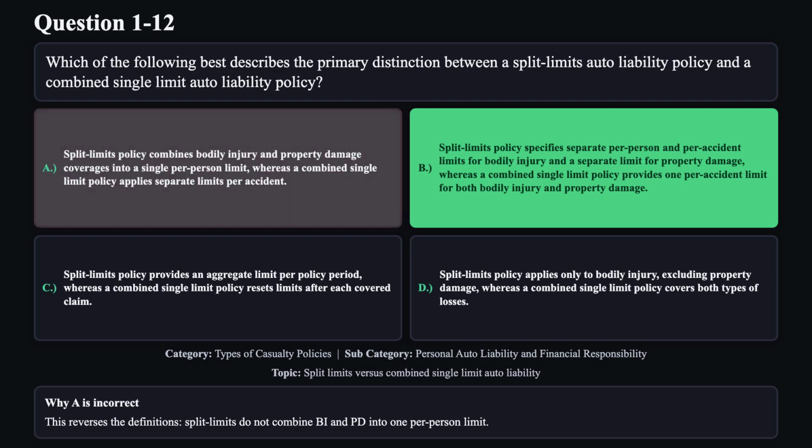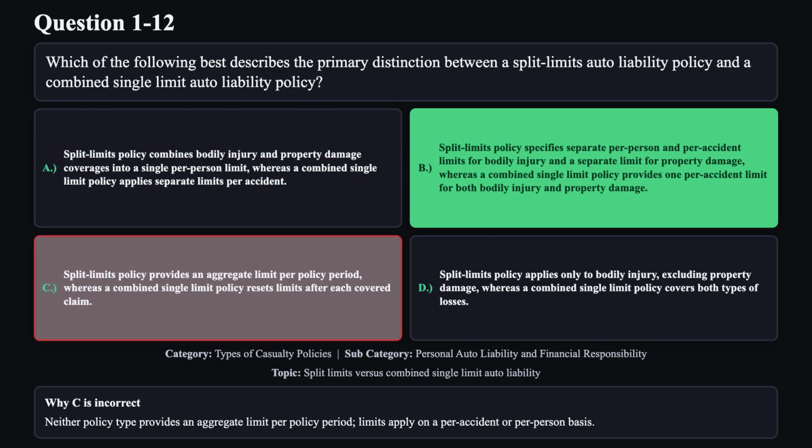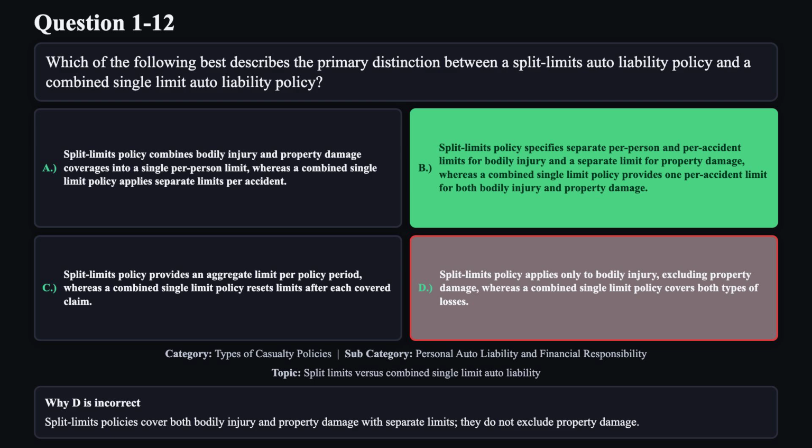Split limits do not combine BI and PD into one per person limit. Reason C is not correct. Neither policy type provides an aggregate limit per policy period. Limits apply on a per accident or per person basis. Reason D is not correct. Split limits policies cover both bodily injury and property damage with separate limits. They do not exclude property damage.